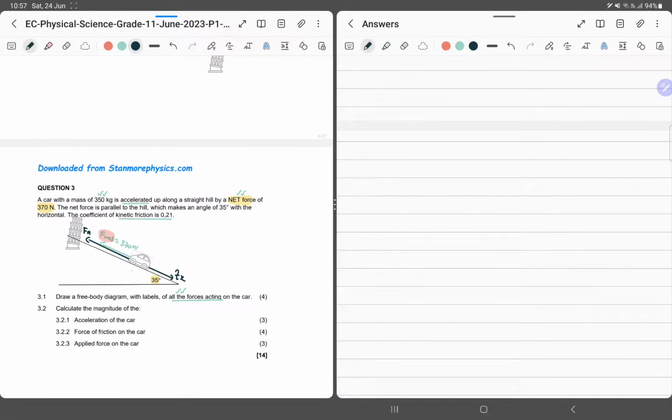We call it Fk because it's a moving object. We know that this object will have weight straight down. We sometimes call it Fg or W. And then there's going to always be a normal force by the surface on the car. Okay, so we can see there's 4 forces right there. So we start question 3.